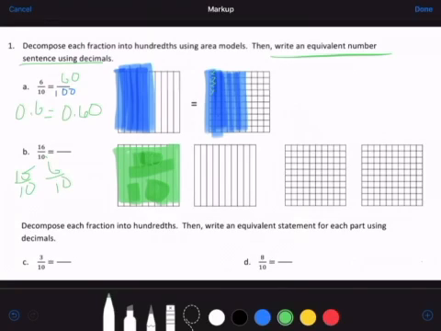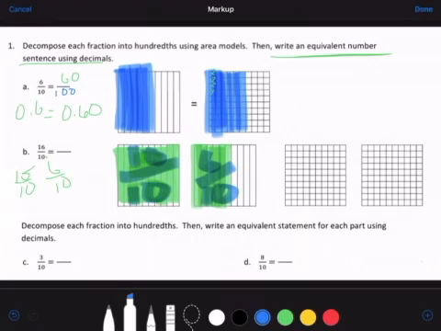So I just colored in the 10/10, and now I need to color in 6/10 of the next one. So there's 2/10, 3/10, 4/10, 5/10, 6/10, right? So this would be 6/10, and this is 10/10, so that's where I get my 16/10.